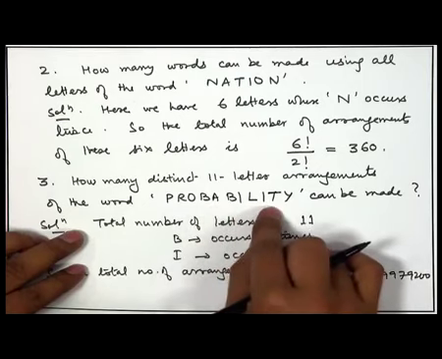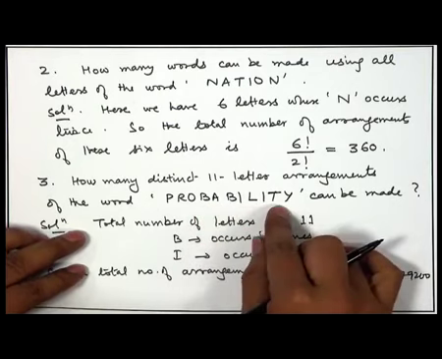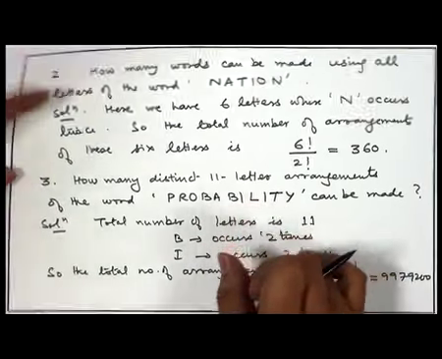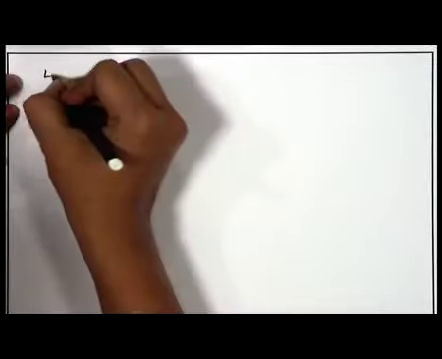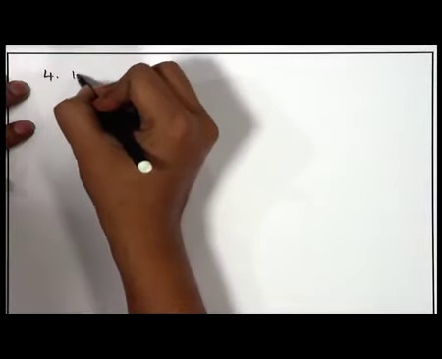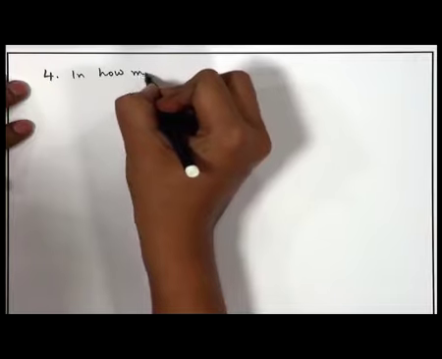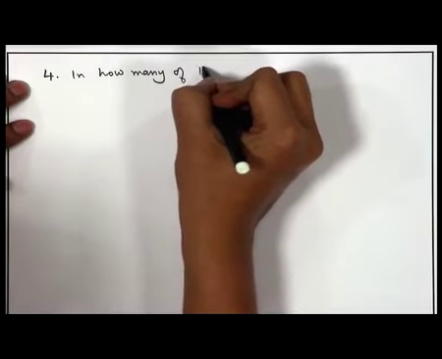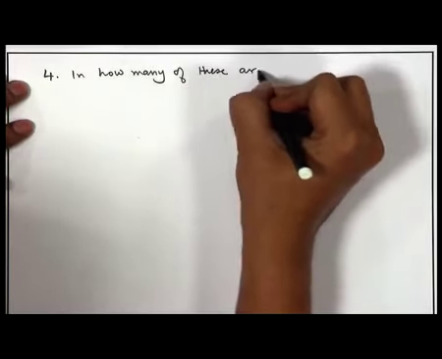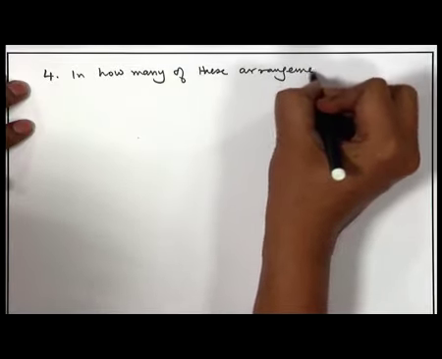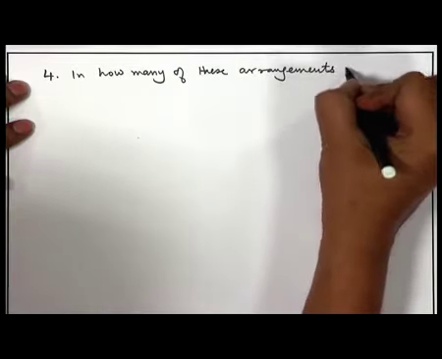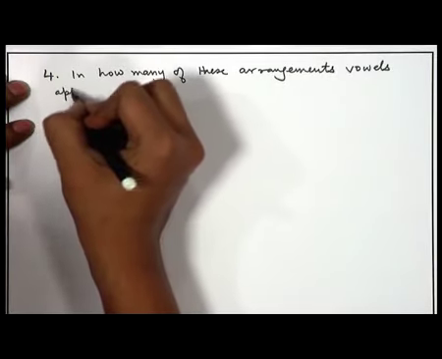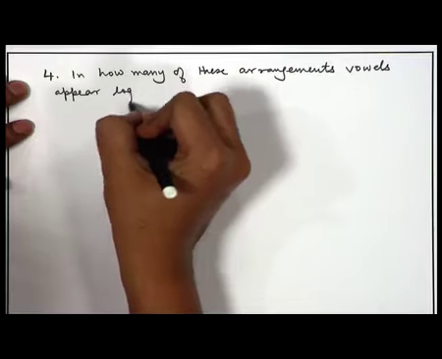Now, in PROBABILITY itself, if we observe, there are some vowels and some consonants. So, suppose we want to look at those arrangements also. Let me just pose a problem here. In how many of these arrangements do the vowels appear together?